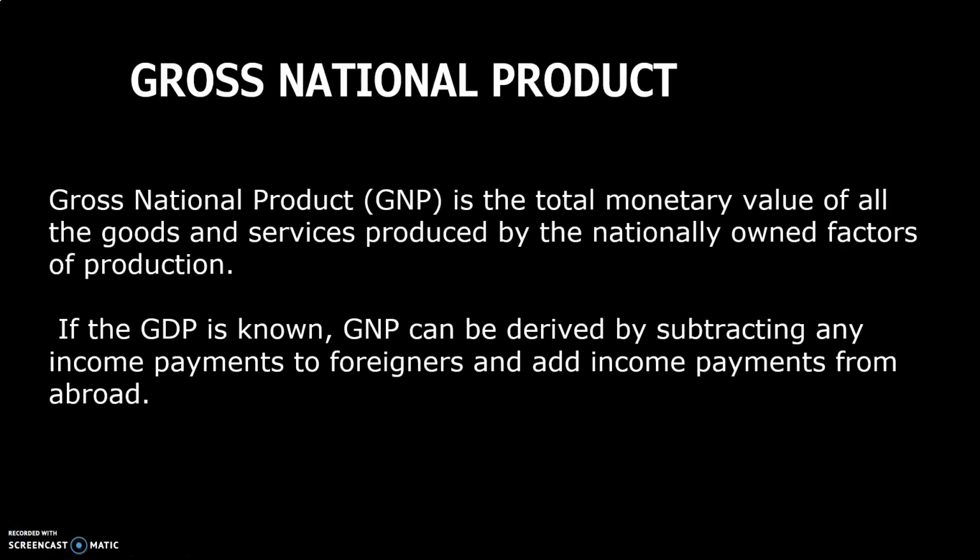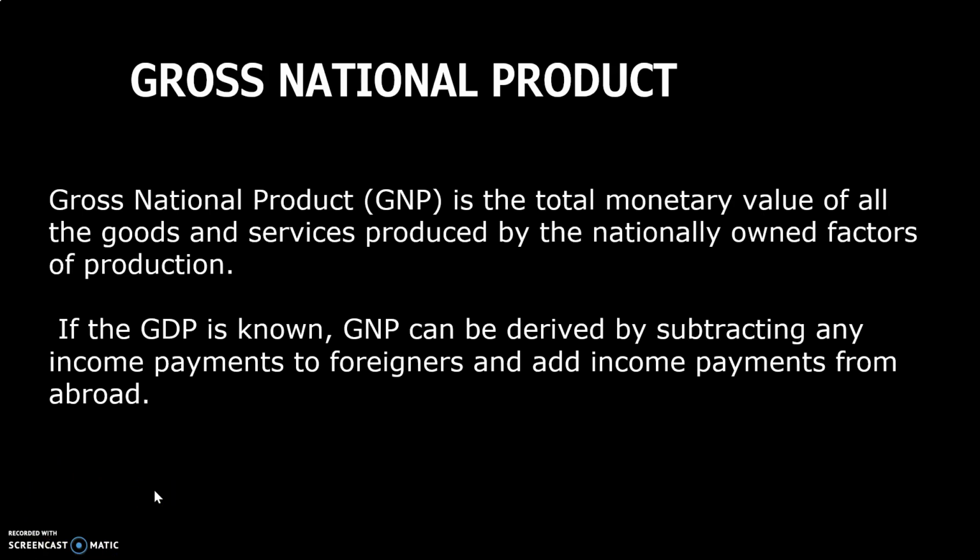Another concept is gross national product, and this is another national income statistic, and it looks at the total monetary value of all goods and services produced by the nationally owned factors of production. So it includes the value of the things that are produced locally, but it also looks at the value of things that are produced in other countries but are owned by nationals of that economy.